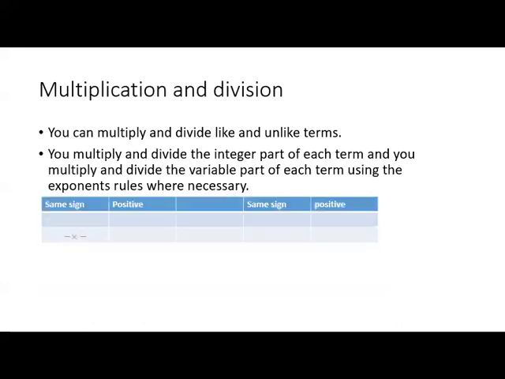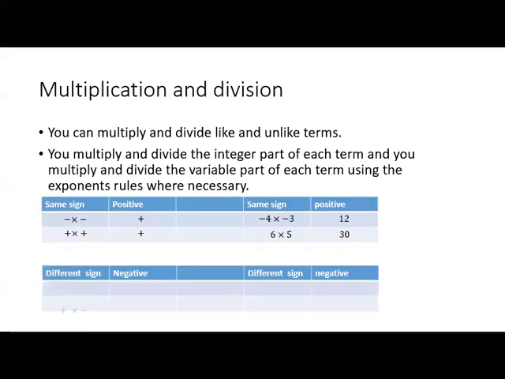Negative times positive will give you negative. Here's an example. Negative 5 times 4, it'll give you negative 20.